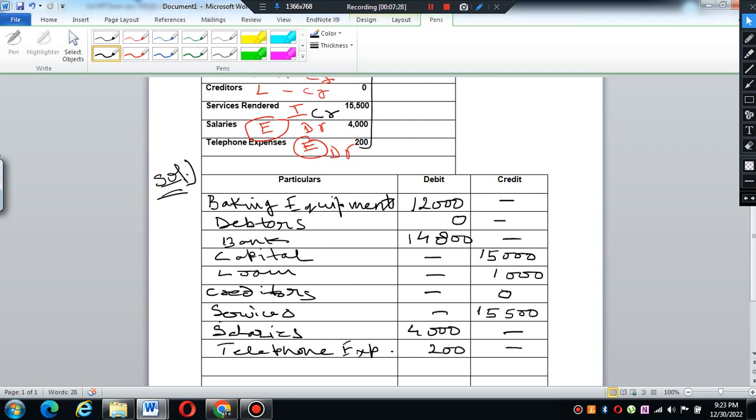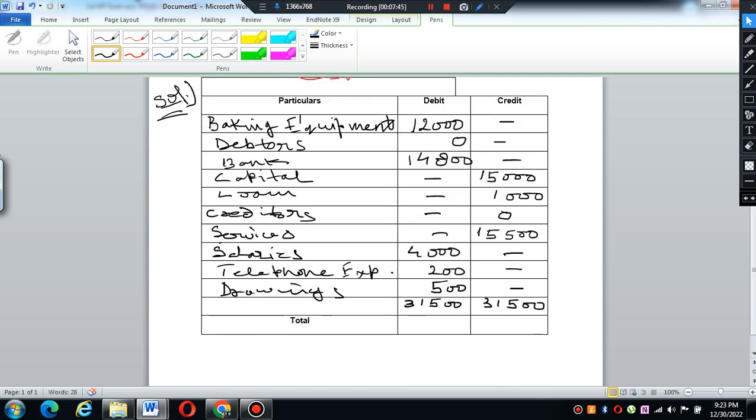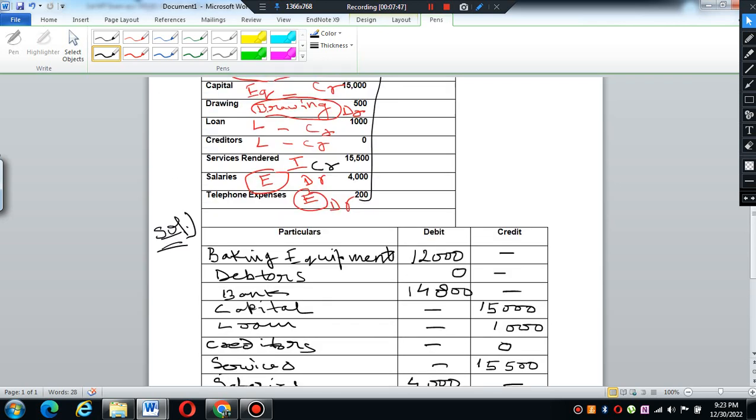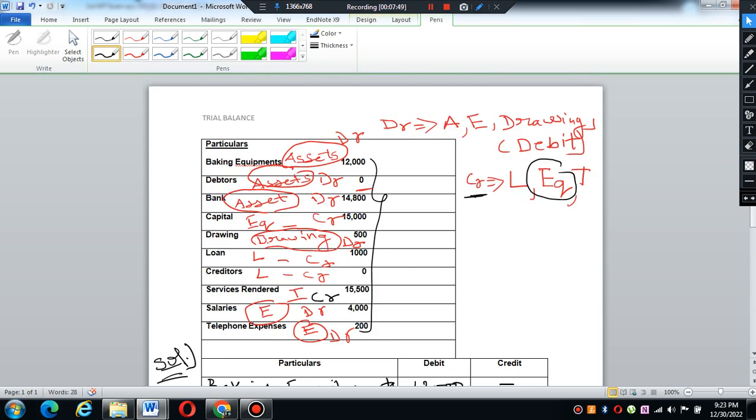So write drawing 500, and make sure you have written all the transactions. Drawing is treated like an expense on the debit side, and the total amount will be 31,500. So this method will be written like this.